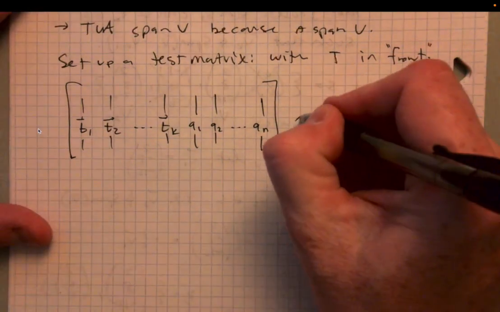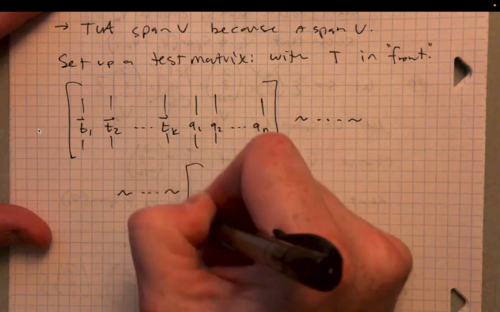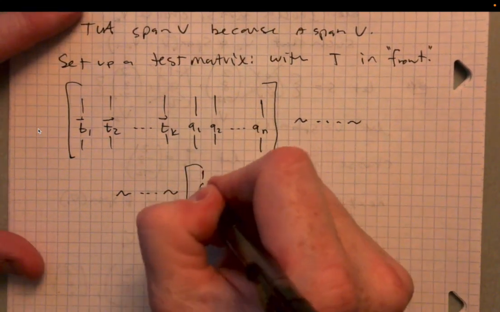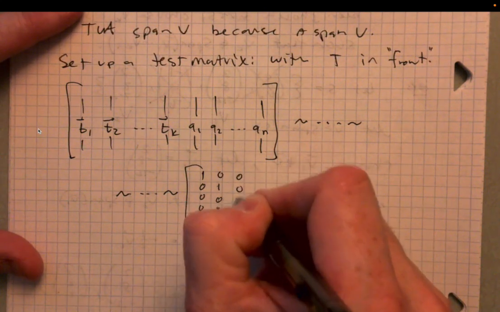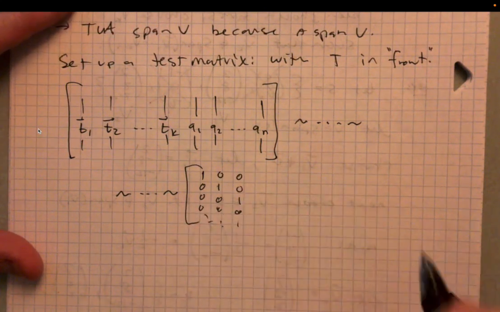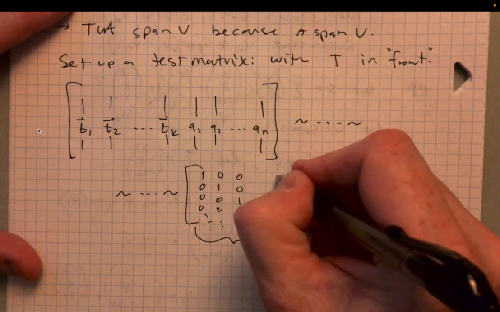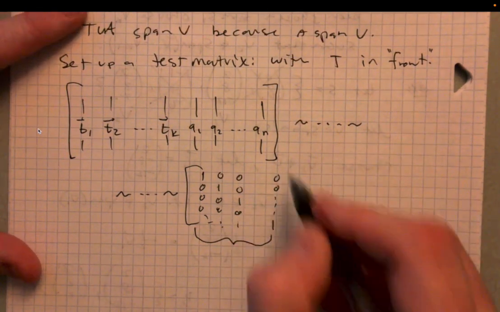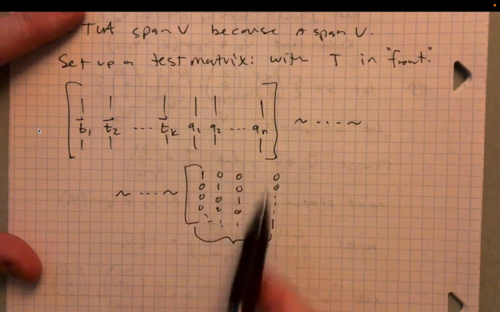Now, when I row reduce this, what do I get? Well, I'm going to get 1, 0, 0, 0, something, 0, 1, 0, 0, 0, something, 0, 0, 1, 0, 0, and so on, right? And basically all of the first T rows are going to look like this. We're going to have a perfect identity matrix in the first T rows.